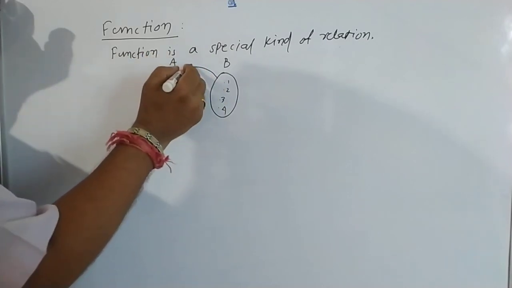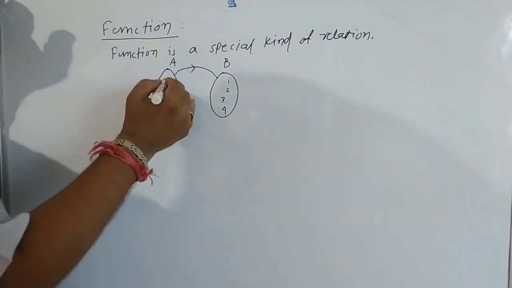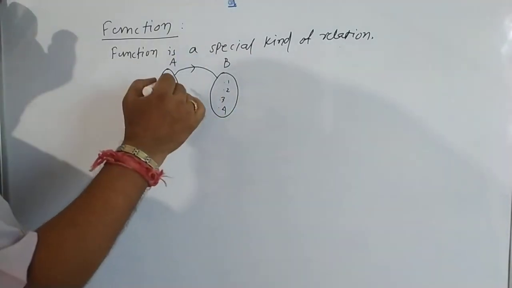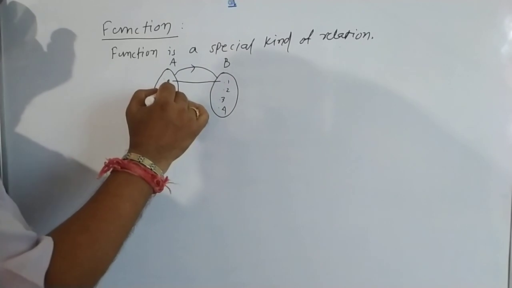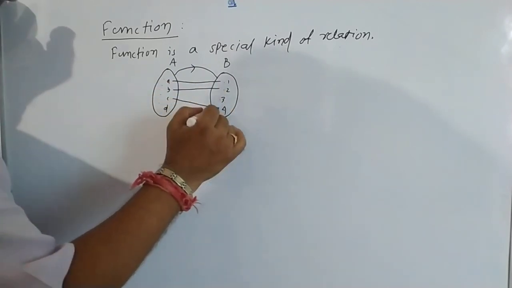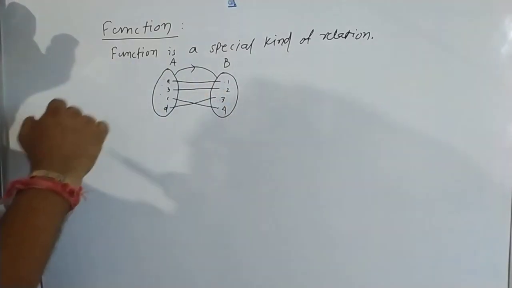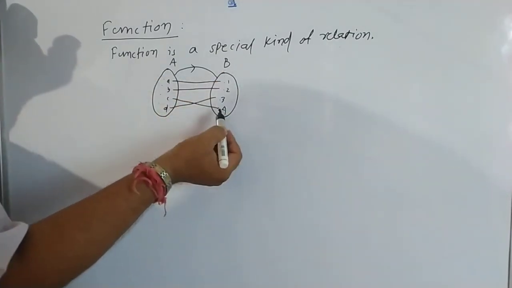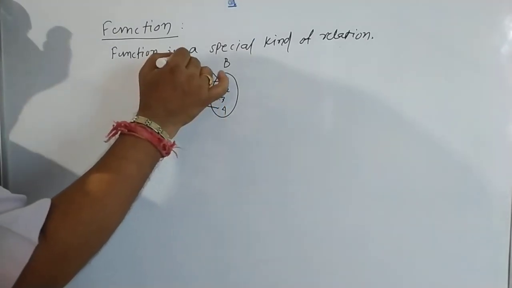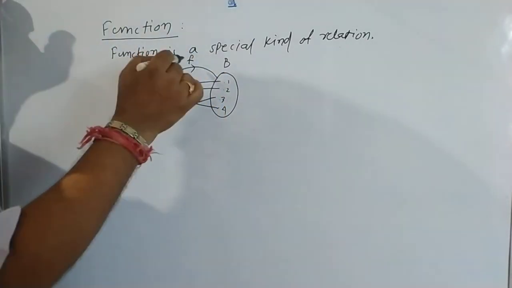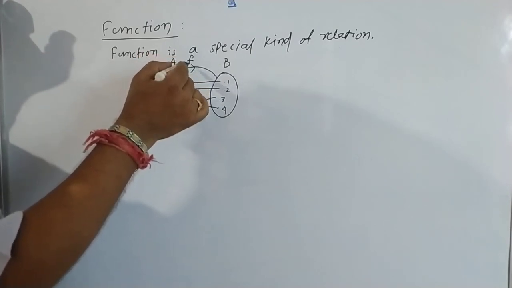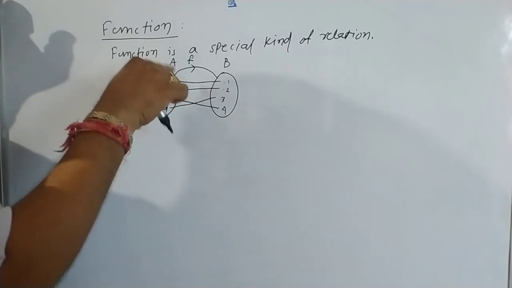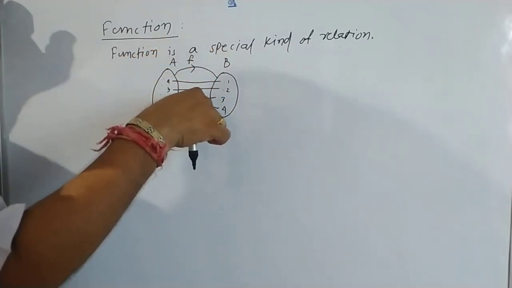These are the elements belonging to set A and these are the elements belonging to set B. Now, if all the elements of set A are connected with set B through some rule f, then f is the rule associated with the elements of A and B. That means this is the input, and through the rule we are getting the output.